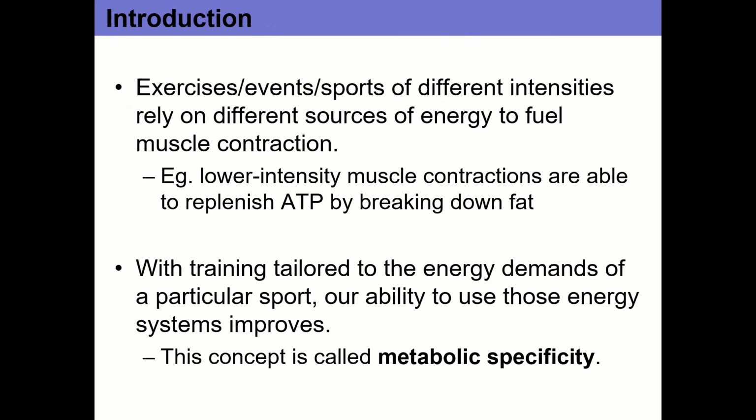and again, this is something we covered in 345. So exercises or events or sports of different intensities rely on different sources of energy to fuel muscle contraction. So sports or events that are very high intensity and brief in nature, think about things like a 60-meter dash, a 100-meter dash, right? So those are things that are 12 seconds or less, 10 seconds or less.